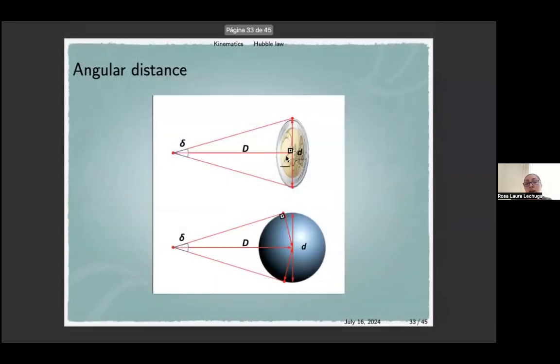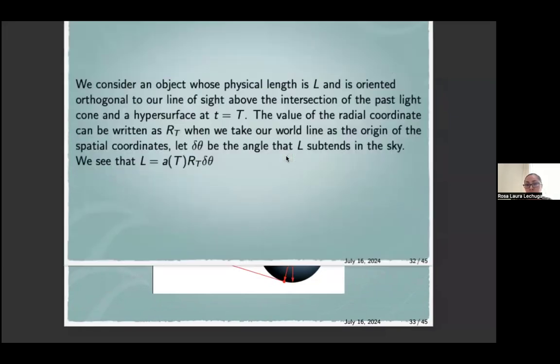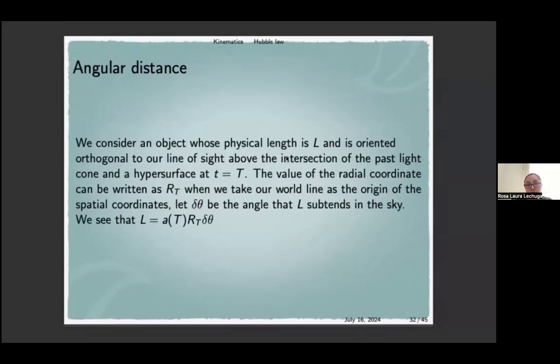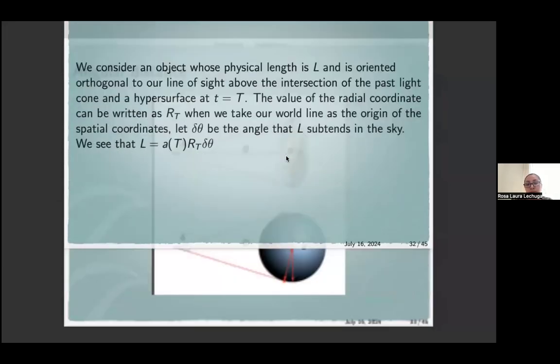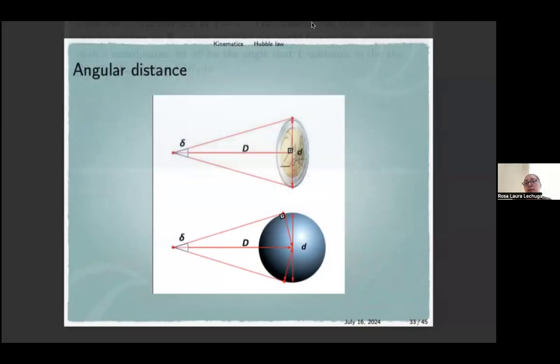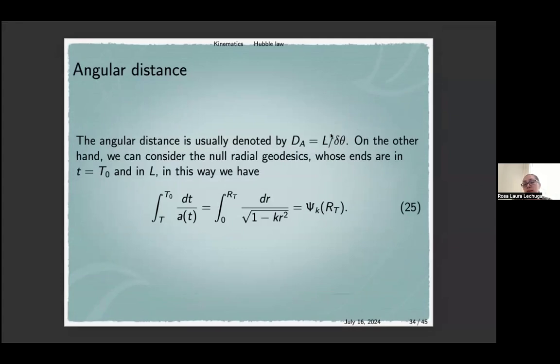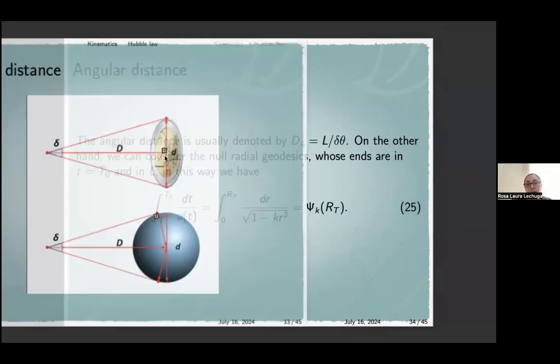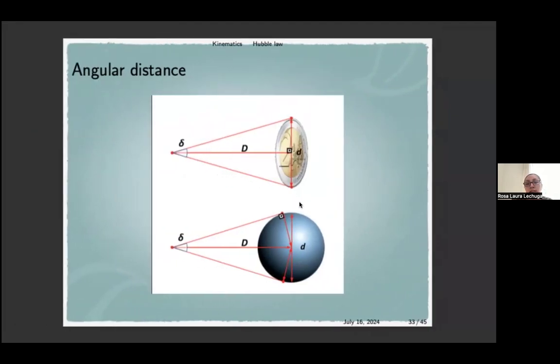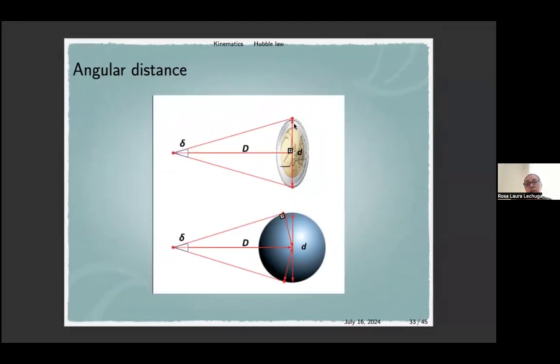And you have an angle subtended between the object and the line. I define this quantity in terms of L and the angle between the line of sight of the observer and the object, using this line and using the object.